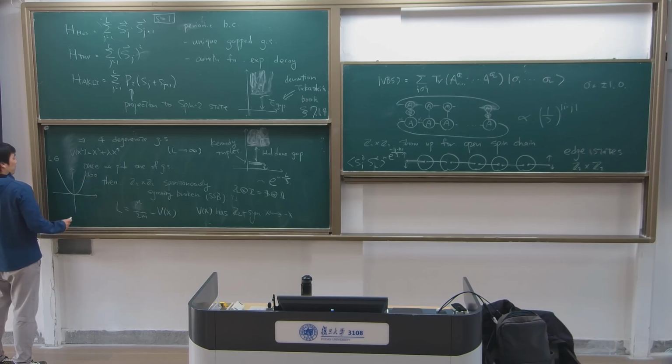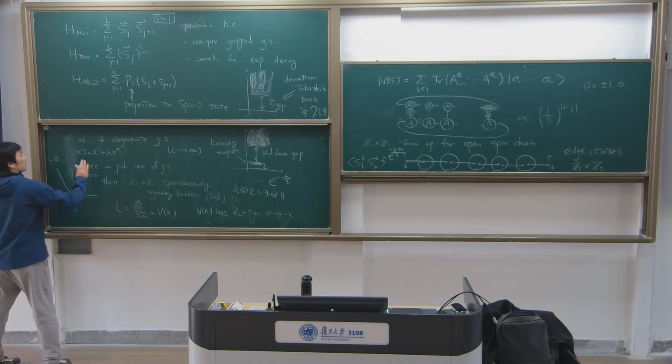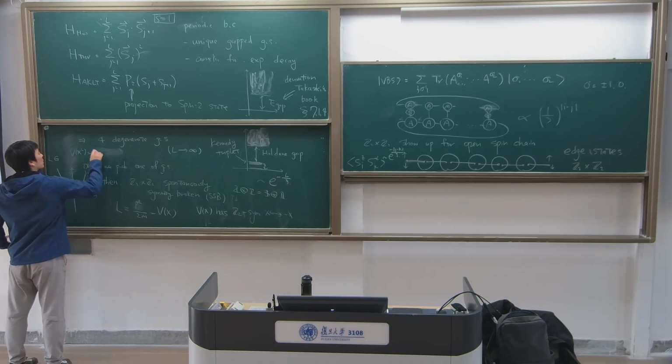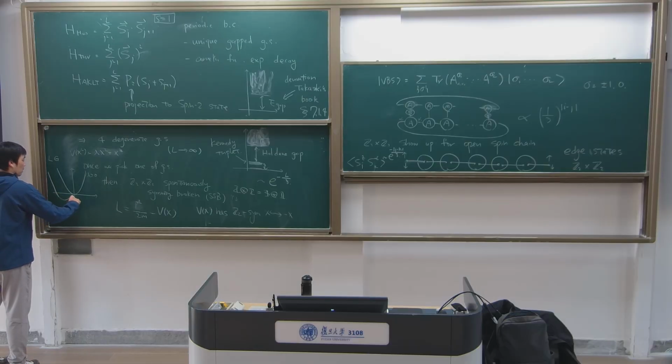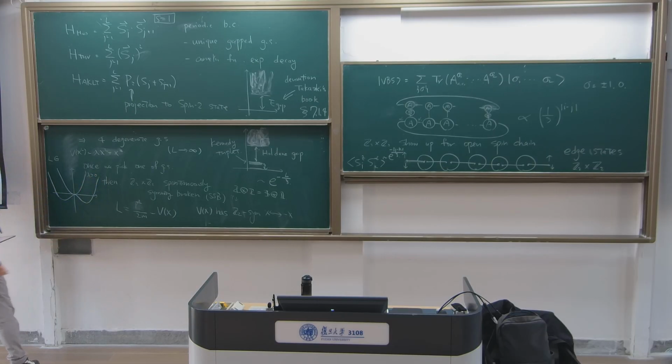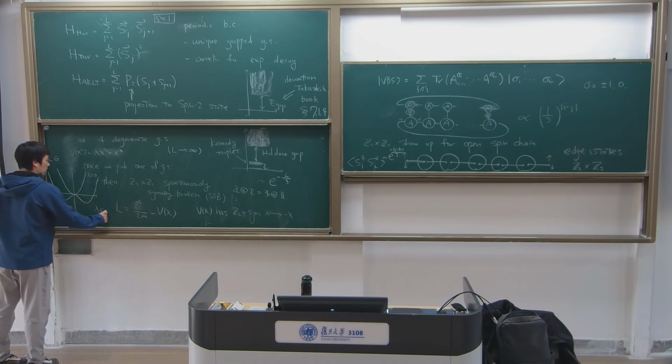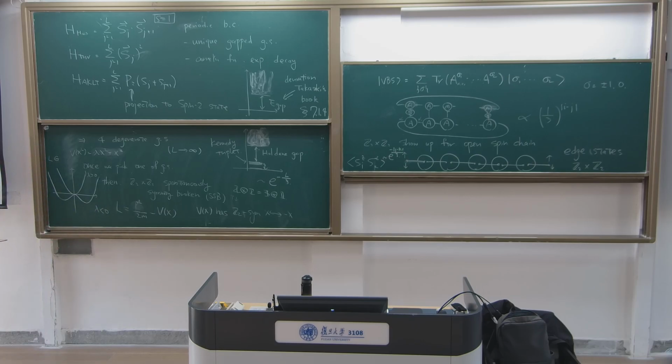But if mu is negative, it becomes like this. And then there are two vacua, which are related by x goes to minus x.